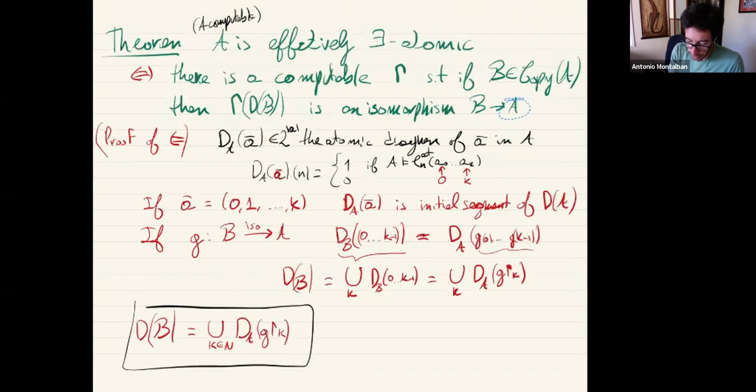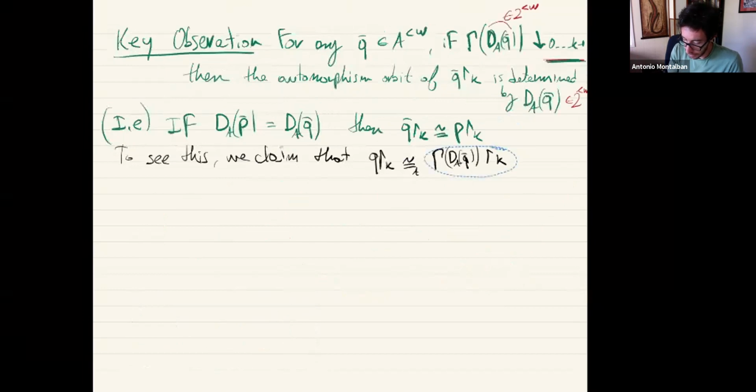So when I say gamma up to K, I mean look at the image of the first K elements of B in A.